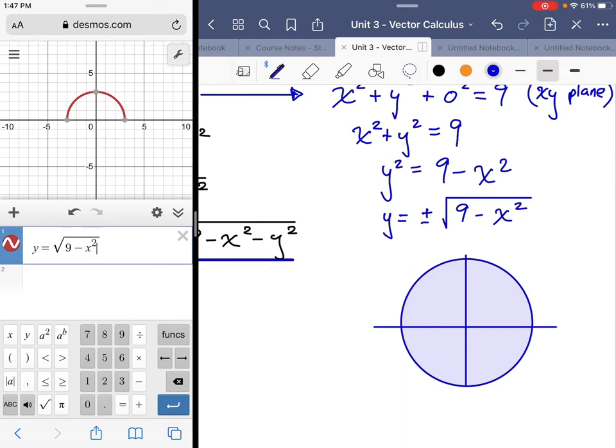So we want to think about whether we go with just the positive radical, or take the span between the negative radical and the positive radical and use that as the bounds for our y integral. There's pros and cons either way.